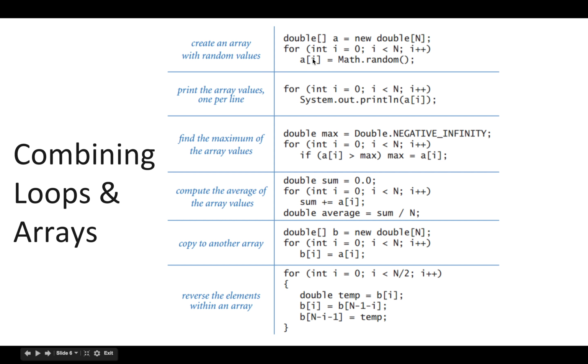Every time it is setting the value in array A at index i, from 0 all the way up to n-1, which is the last element in the array, to be some random value, Math.random. Math is a library in Java, and random is a method of that library that just returns a random value. So every time you have to do something with a different value in an array, you're probably going to be combining the array with a loop, as you can see in all 6 of these examples.